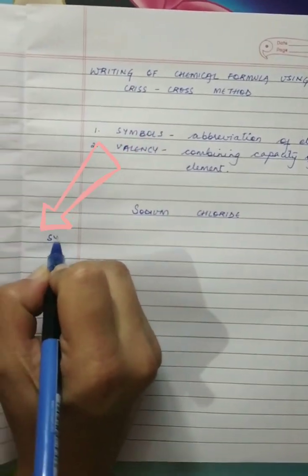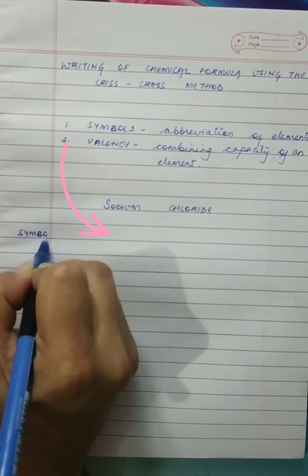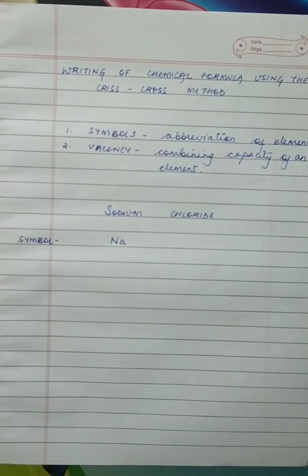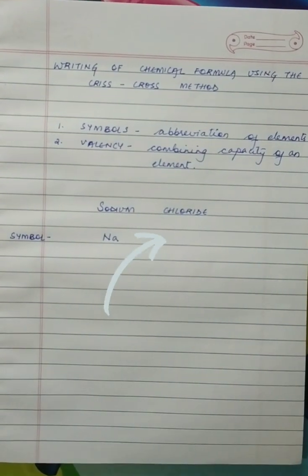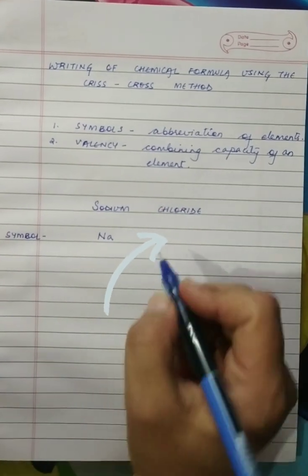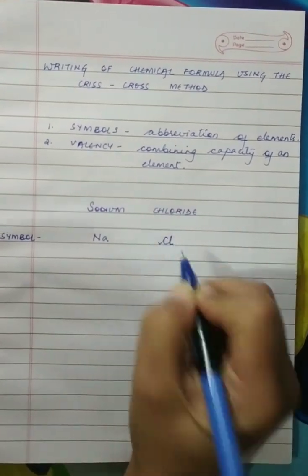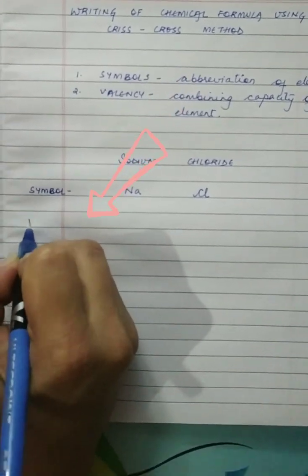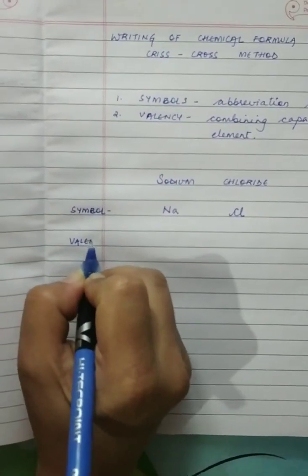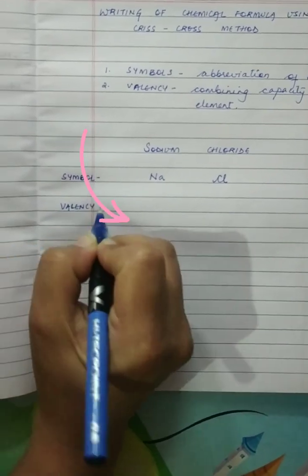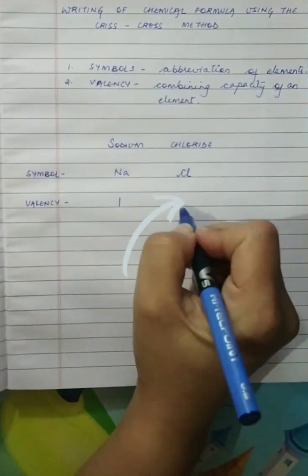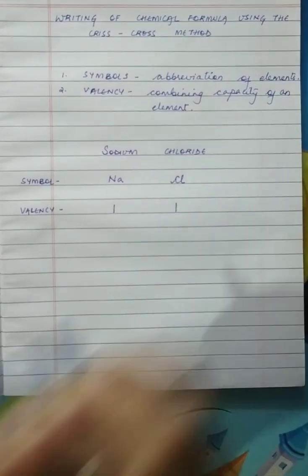Symbol of sodium is Na, coming from the Latin name natrium, and the symbol for chloride is Cl. Next we require the valency. The valency of sodium is 1 and the valency of chloride is also 1.